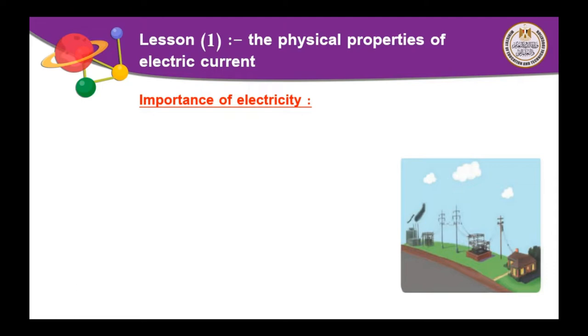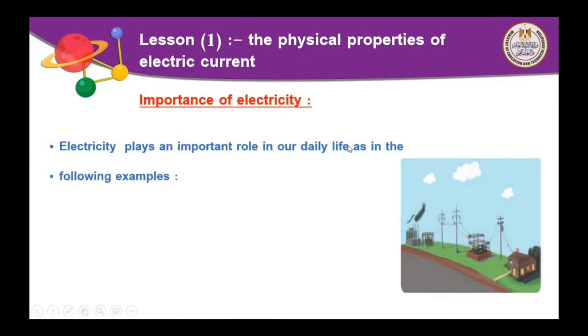What are these? Number 1, electricity can be used in lighting cities, lighting factories. So electricity plays an important role in our daily life. Why? Number 1, because it is used for lighting factories and the cities, houses, and so on.